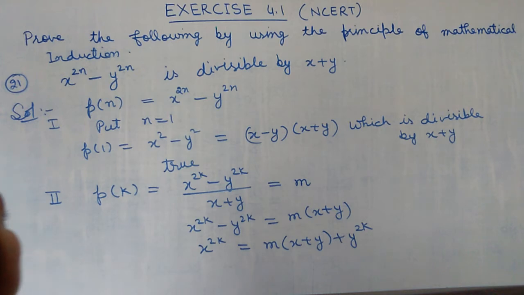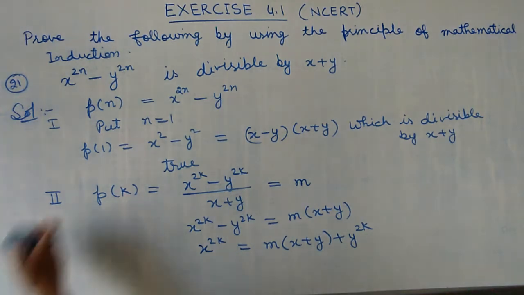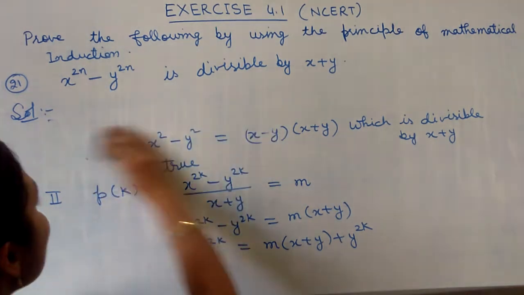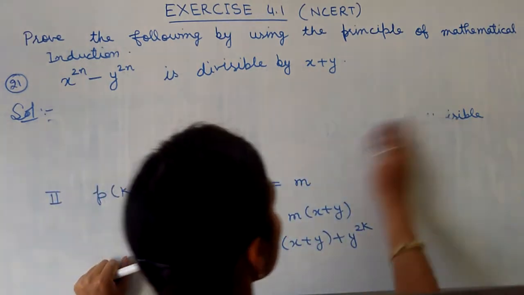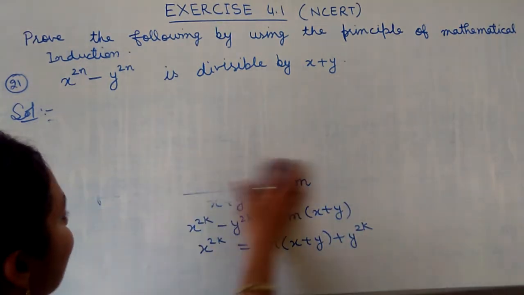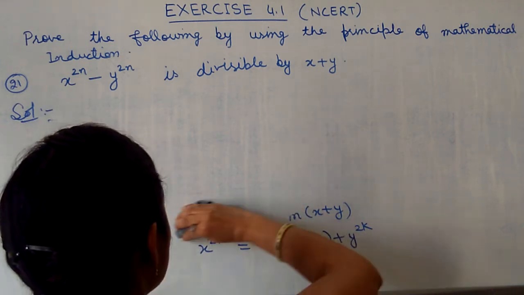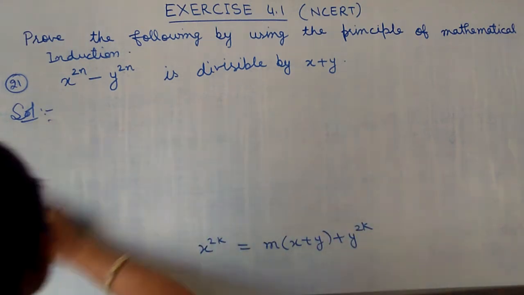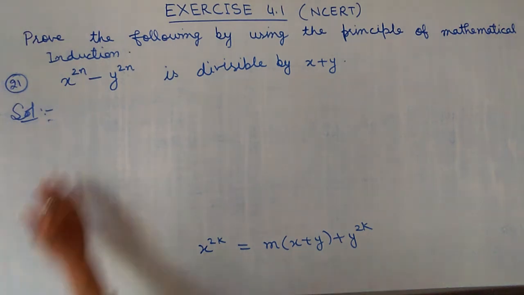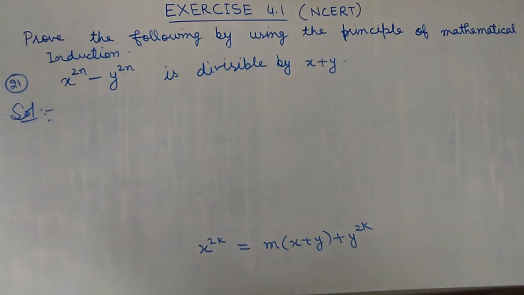So I will start the third step. The step is very simple. I will leave the last line on the board for your help, so it becomes easy for you to take those values.